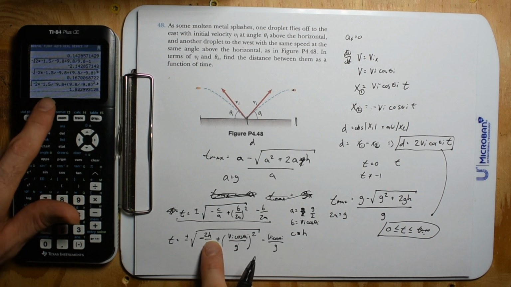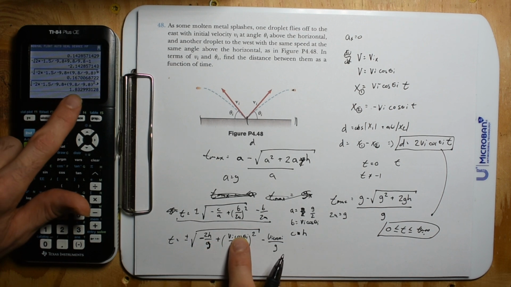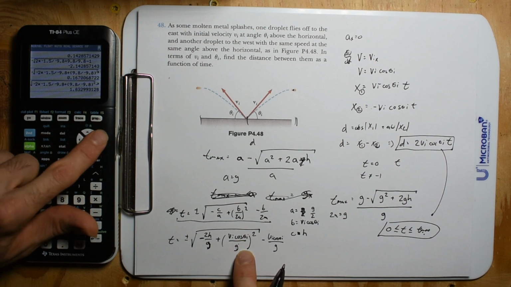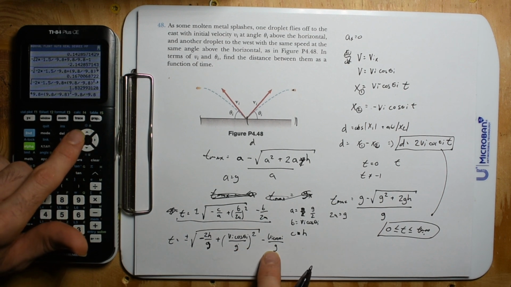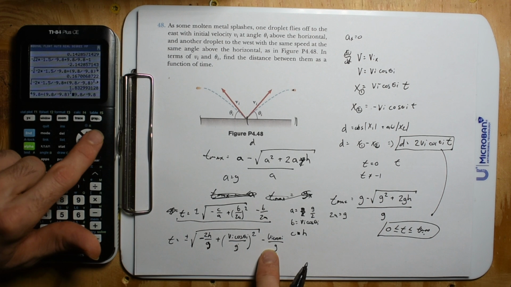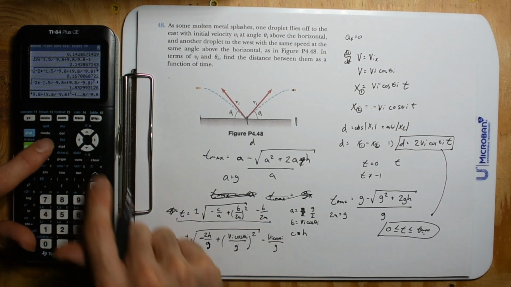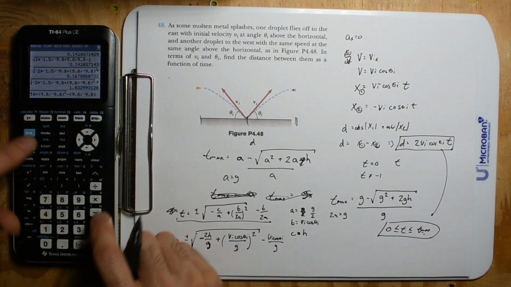Negative 2 times 1.5 divided by negative 9.8 plus 9.8 divided by negative 9.8 squared. And then outside the square root, we have negative, I'm going to do this in parentheses, positive 9.8 divided by negative 9.8.